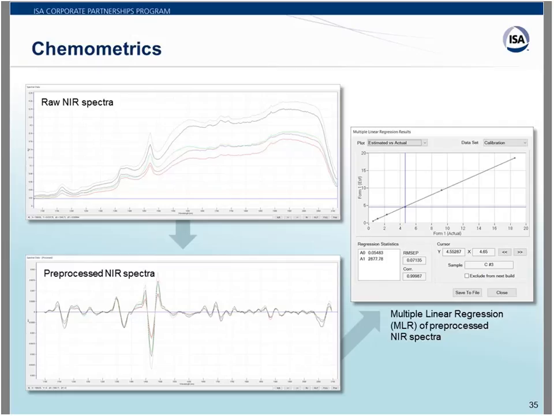So most trained spectroscopists have a basic understanding of the concepts necessary to apply these statistical models for data interpretation. For example, in slide 35, the top left image shows raw near-infrared spectra of the same sample with different moisture levels.